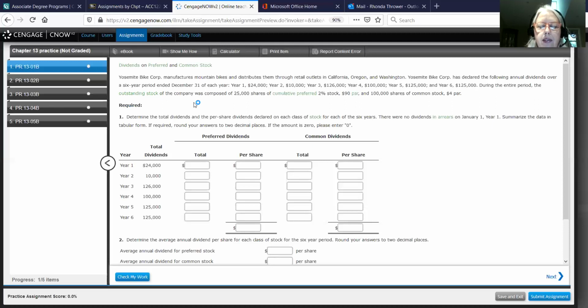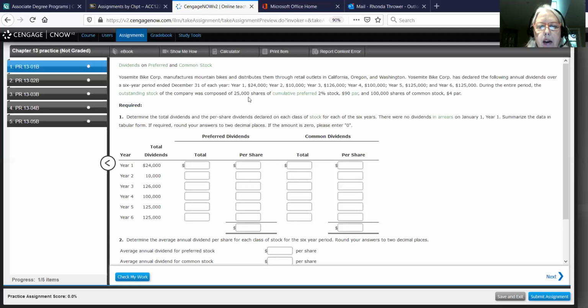Outstanding stock is the number of shares of stock that we have sold and is out on the market. Those sold shares are what we calculate dividends on.